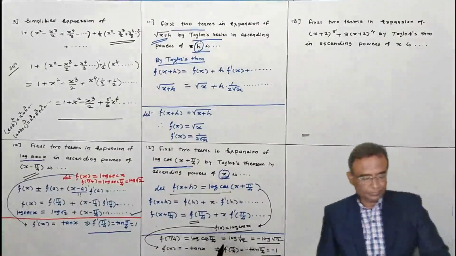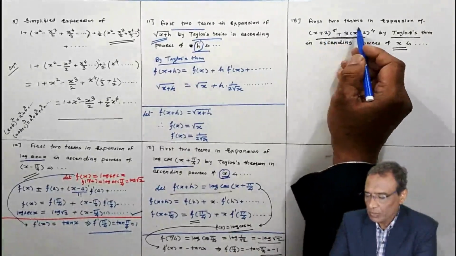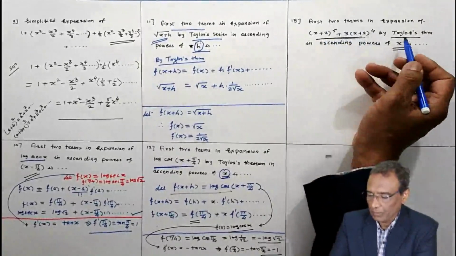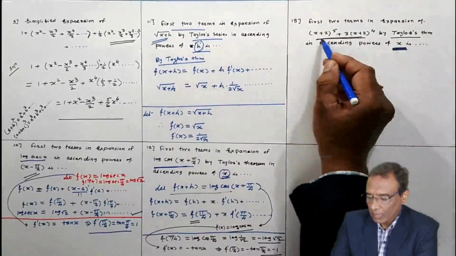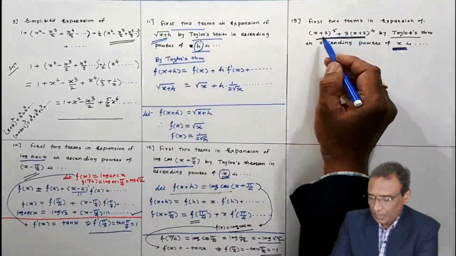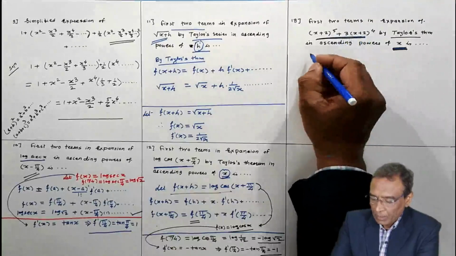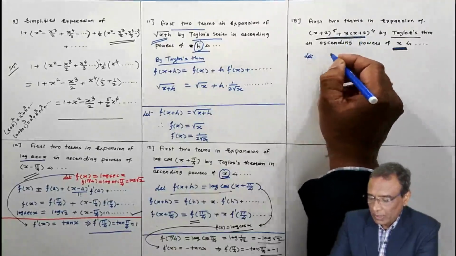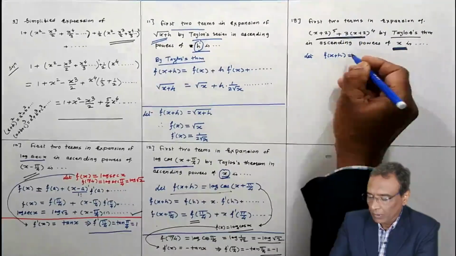Okay. Now the 13th one. First two terms in expansion of this in ascending powers of x. If you look at this function very carefully, here this is x plus h function. So what I am going to do, let us denote it by f of x plus h.